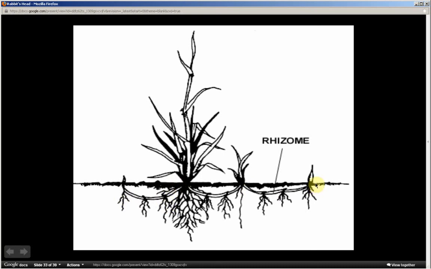It's roots that grow laterally underground, almost like a rope. In our mnemonic, this is what is referred to as the lifeline. And for the rabbit's head plant, there will be tubers or potato-like growths at the end of these roots here.